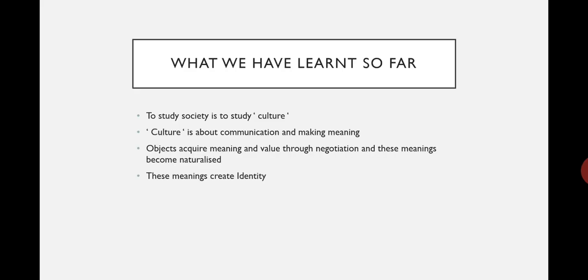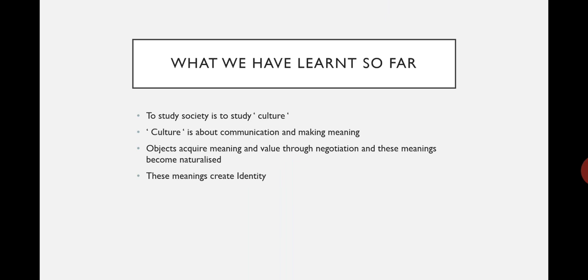A summing up of the points that we have covered so far. To study society is to study culture. What is culture? Culture is about communication and making meaning. Objects or cultural artifacts, events and activities which are man-made, they acquire meaning and value through negotiation, and these meanings become naturalized.